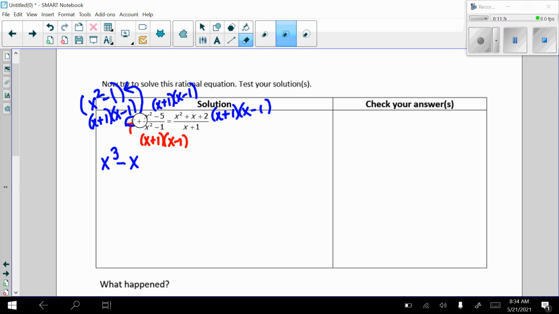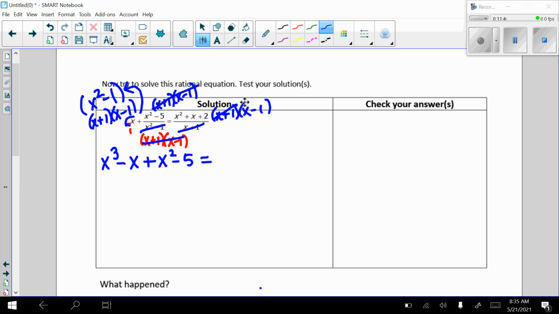Oh, can't see what that sign is, so it's an addition. So plus, and now all of this cancels all of this, and we get x squared minus 5 equals, over here, the x plus 1's cancel, and we're going to have some distribution to do here because we have to distribute the x, and then we have to distribute the negative 1.